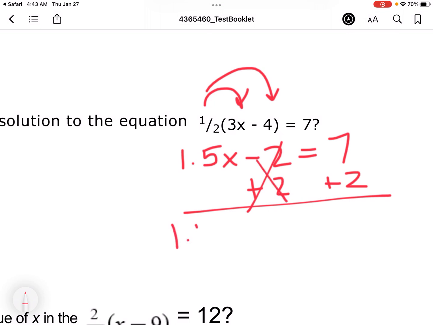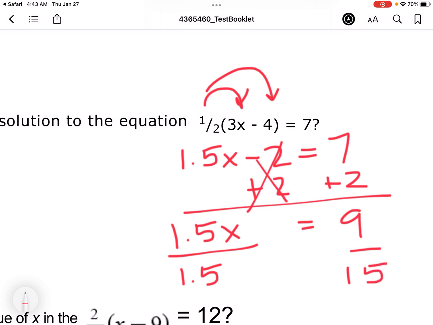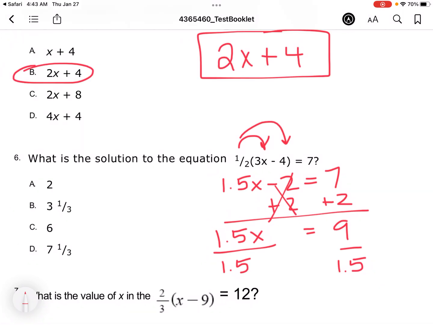So now I have 1.5x equals 9. So I'm going to divide by 1.5 on each side of my equal sign. And in my handy dandy calculator, I'm pretty sure that the answer is 6, but I just want to double check. I'm going to do 9 divided by 1.5. And yep, I get 6. X equals 6.